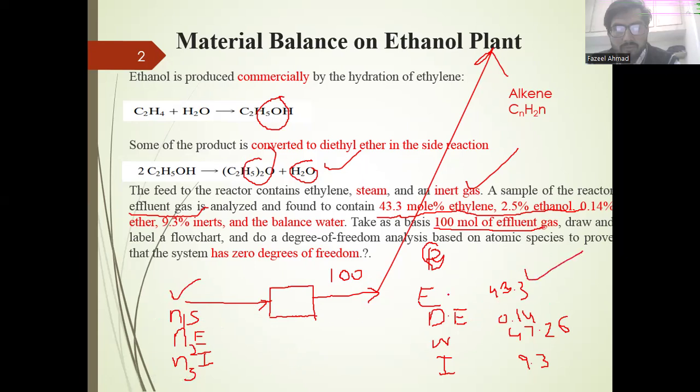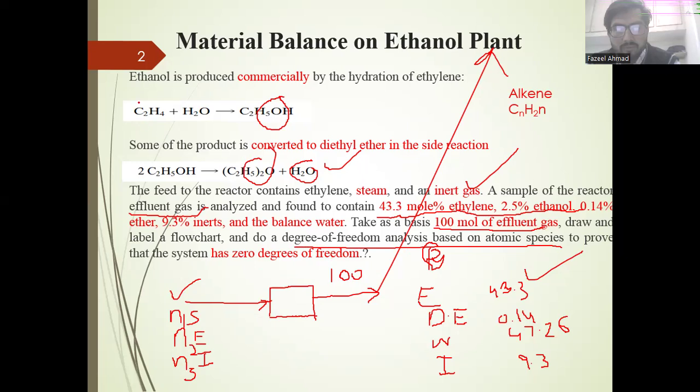The next task is to perform the degree of freedom analysis based on atomic balances. When there is a chemical reaction, it is preferable to perform the degree of freedom analysis using atoms, or elements, because atoms never lose their identity.